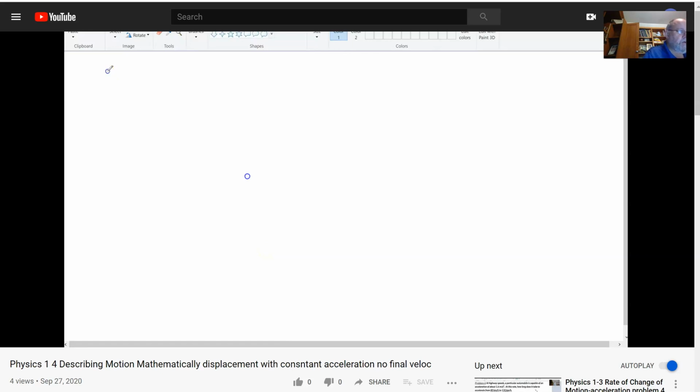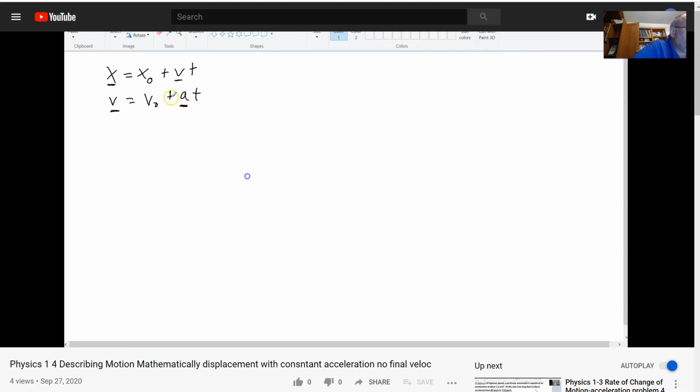Okay, so now we have three formulas. We have x equals x0 plus velocity times time. This is the final position or displacement with the constant velocity formula. This is similar to the next formula, final velocity with constant acceleration formula.